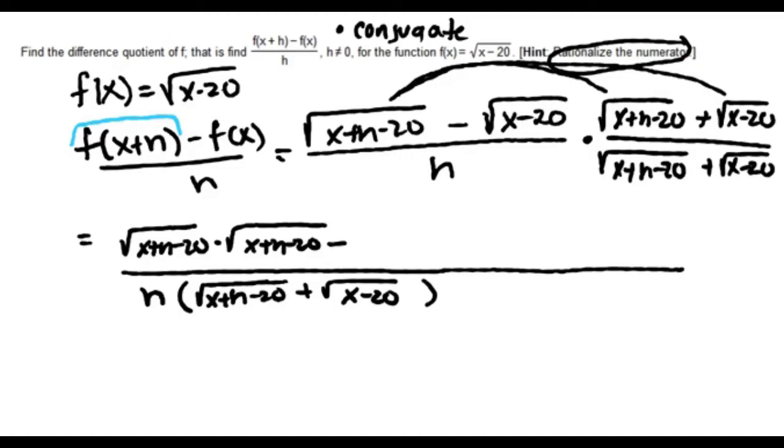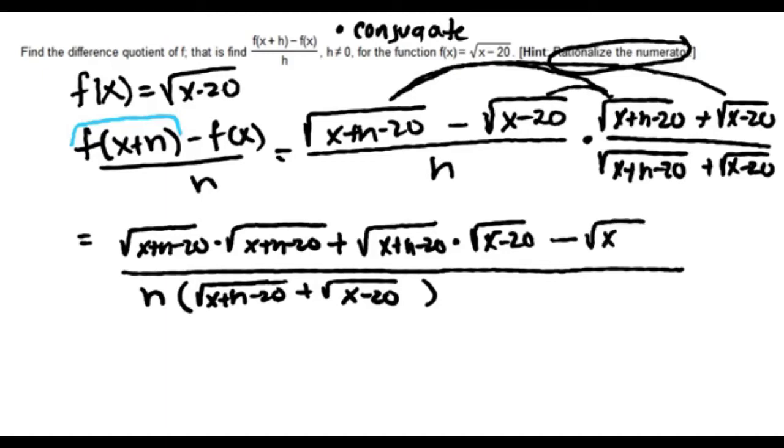That's going to give me a plus square root of x plus h minus 20 times the square root of x minus 20. Then we'll multiply the inside two together. It's going to give me a minus this time, a minus square root of x minus 20 times the square root of x plus h minus 20.